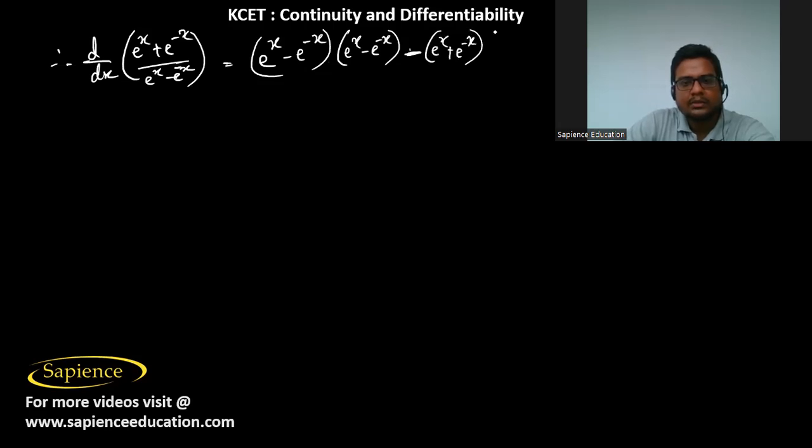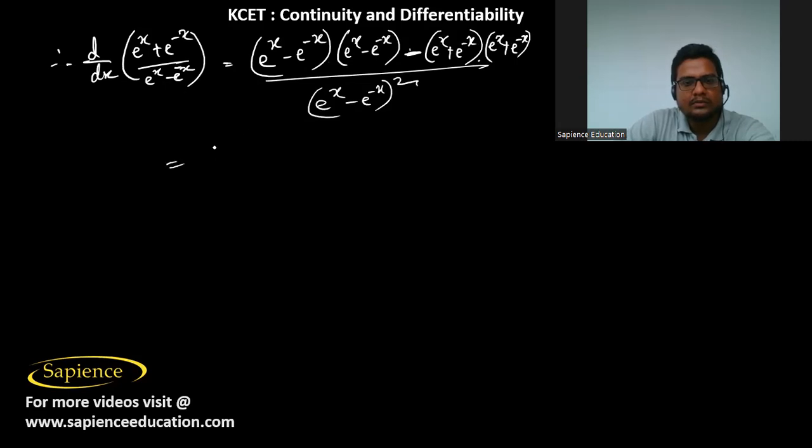So e power x minus e power minus x into d by dx of the numerator, which is e power x minus e power minus x, then minus e power x plus e power minus x into the derivative of the denominator, which is e power x plus e power minus x, divided by e power x minus e power minus x whole square.